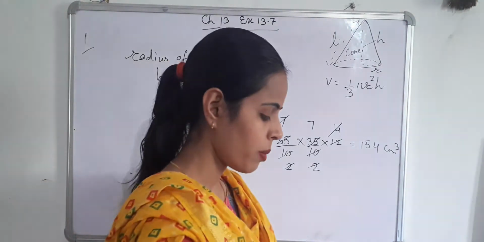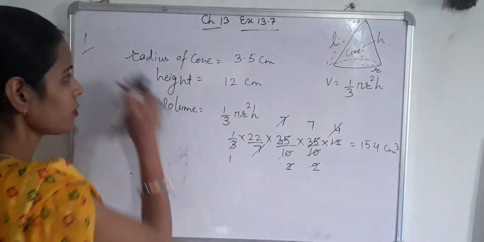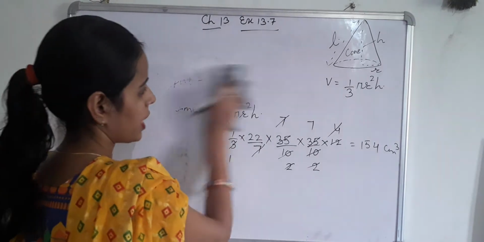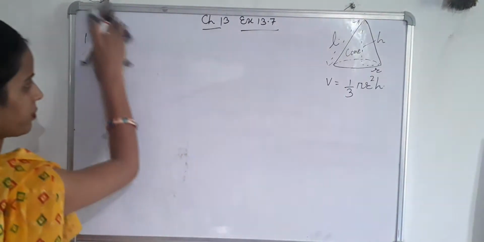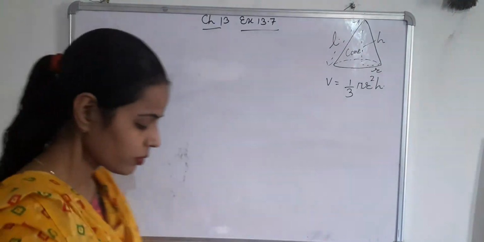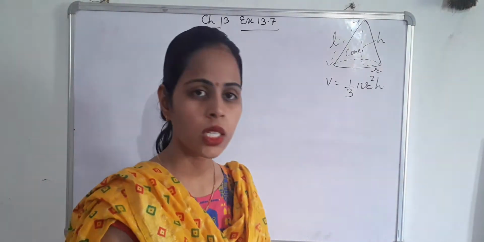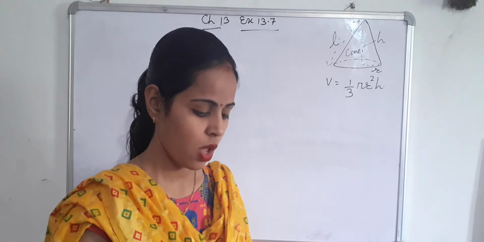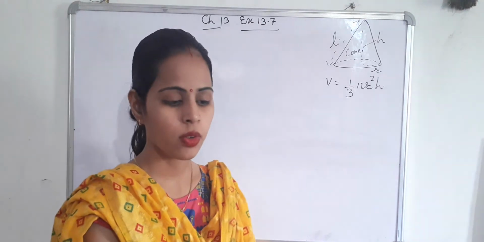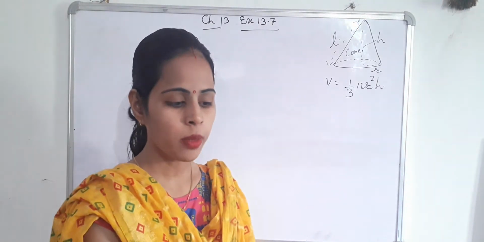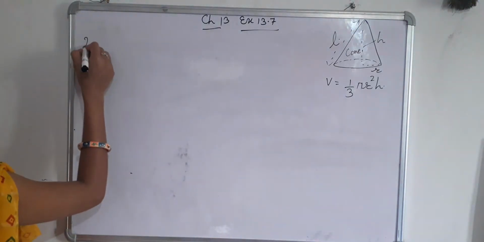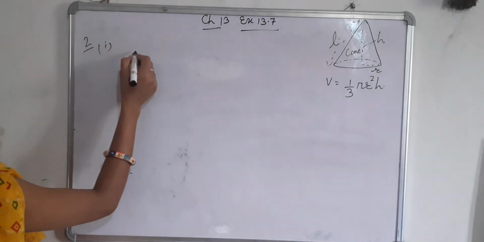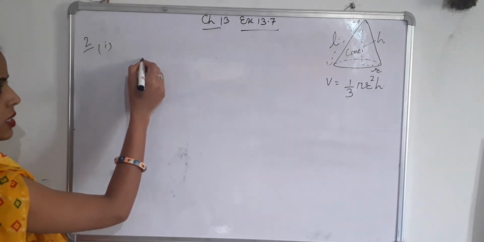Now take question number second. Question number second is: find the capacity in liters of a conical vessel with radius 7 centimeter and slant height 25 centimeter. Part first.